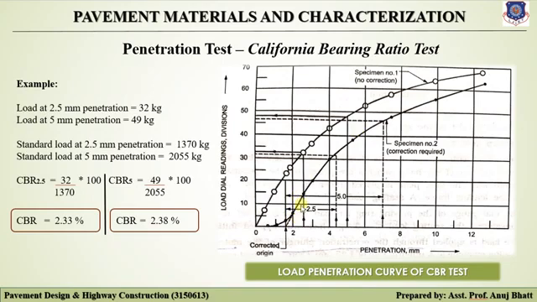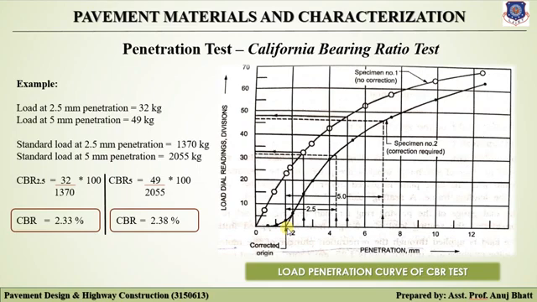Now when you have plotted this tangent line, the curve is almost similar to the curve of specimen number 1, which is generally known as the normal load penetration curve. So now the load values corresponding to 2.5 mm and 5 mm penetration are noted from the graph, as mentioned with the dotted line. Here you can see the origin starts from this point.